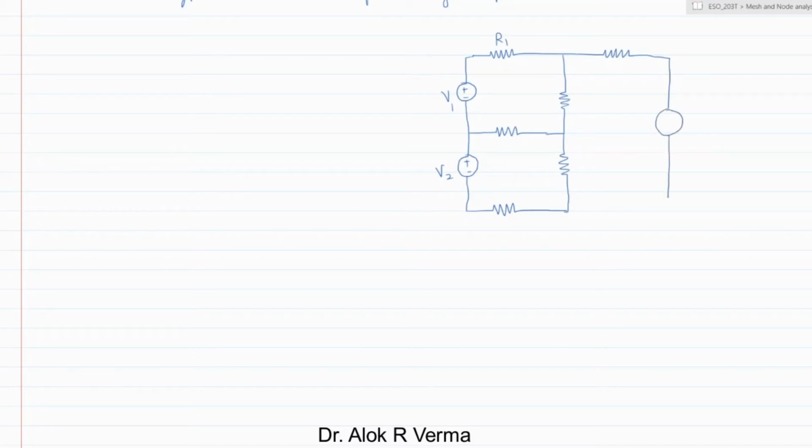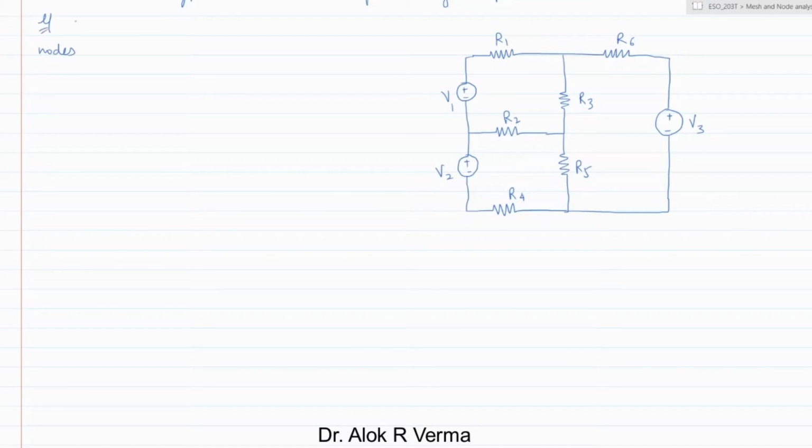This circuit basically has 3 meshes, which you can see clearly now because they are the smallest ones. Assume this as R2, then R3, then R4, R5, assume this as R6, and this as P3.